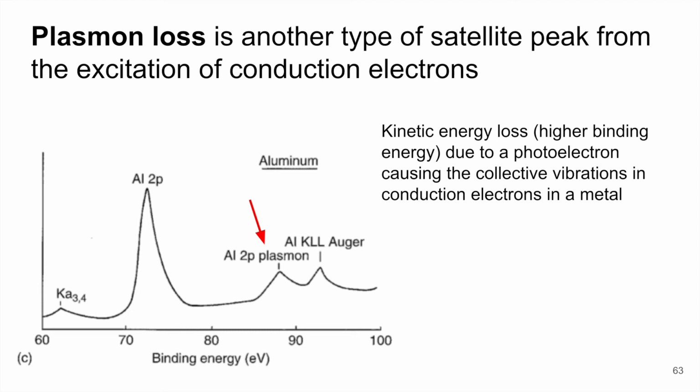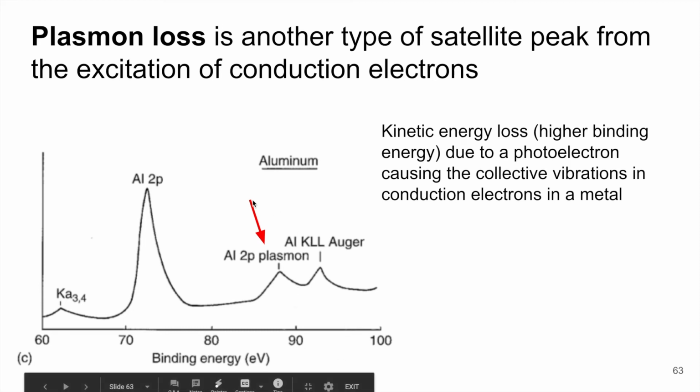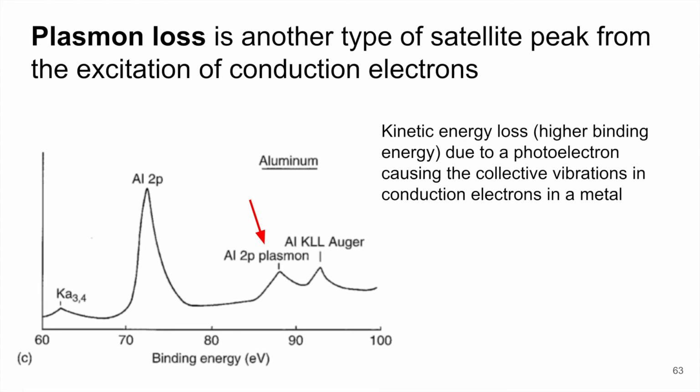So that's another thing that can happen. And again, these aren't always bad things. They can often help us identify what a material is. But we do have to consider that there are these other kinds of peaks that we may not see in the basic charts like you saw in the handout.